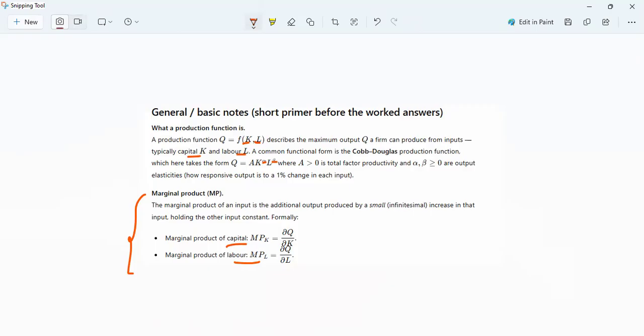The marginal product of labor measures the change in output when labor increases by 1 unit while keeping capital constant. So I'll briefly take you back to differentiation to understand this.